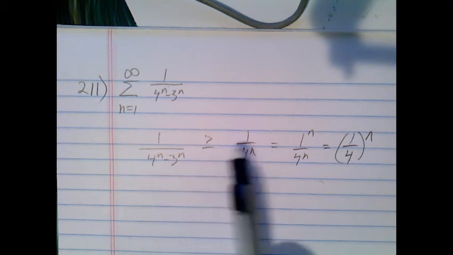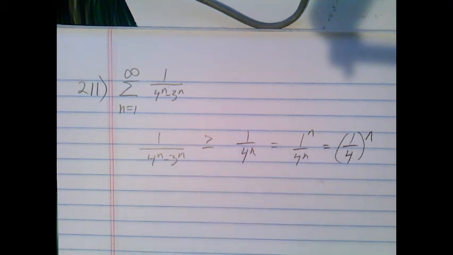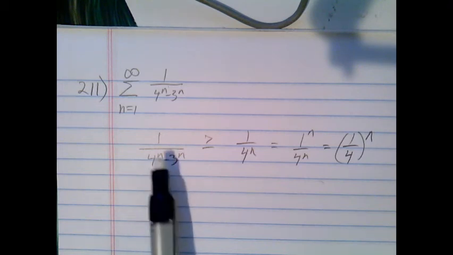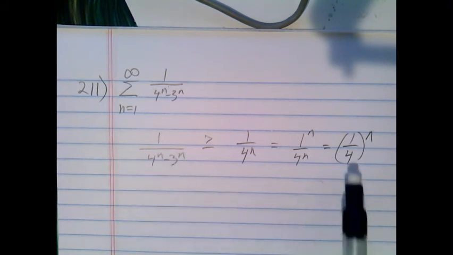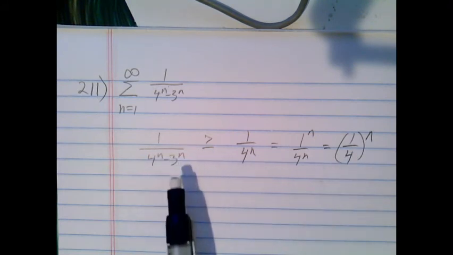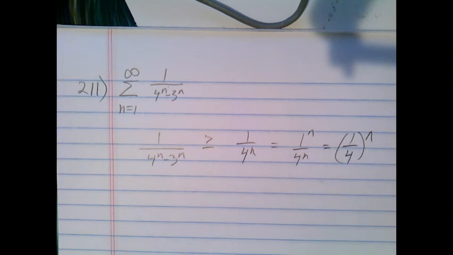Since my terms are bigger than the terms of a convergent series, I can't really draw any conclusions from the direct comparison test. But I still believe that this is probably similar in nature to that. It's still basically a geometric series with an r value of 1/4.